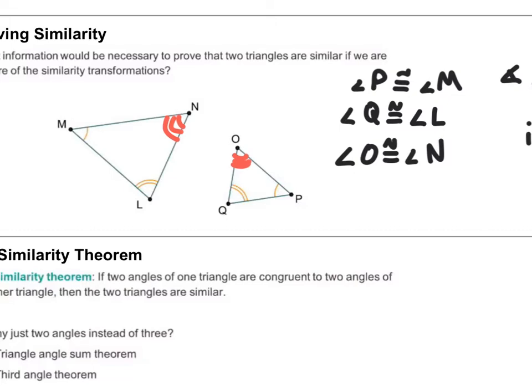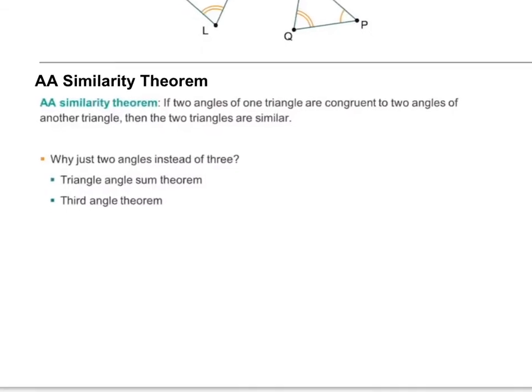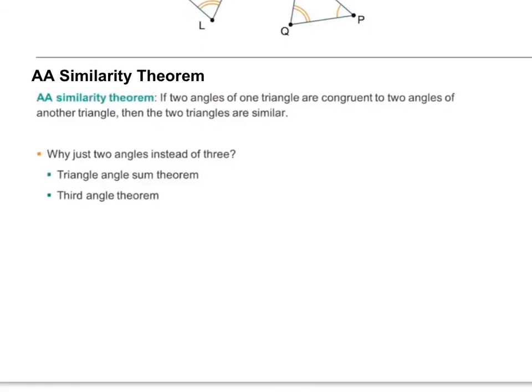And so what I need to do is look at this theorem here, and it says that if two angles of one triangle are congruent to two angles of another triangle, then the two triangles are similar.